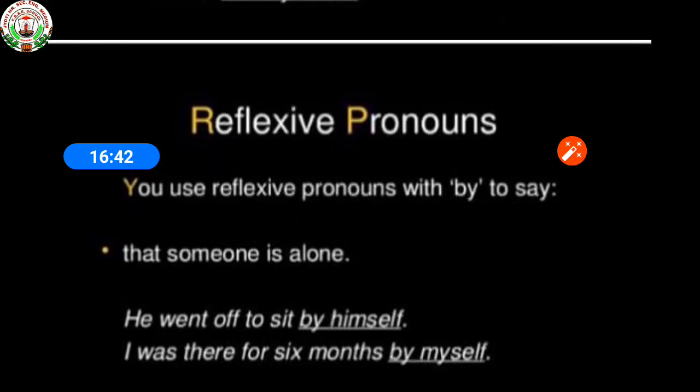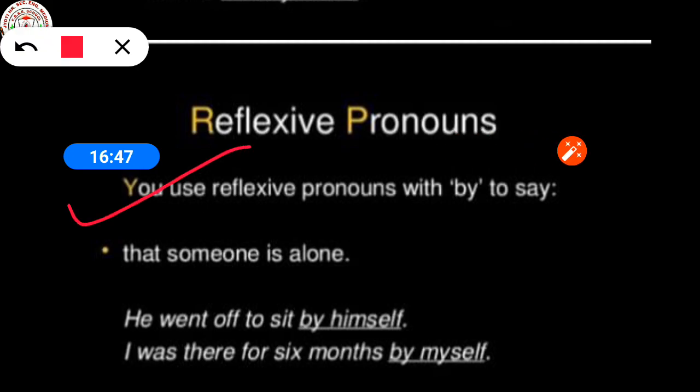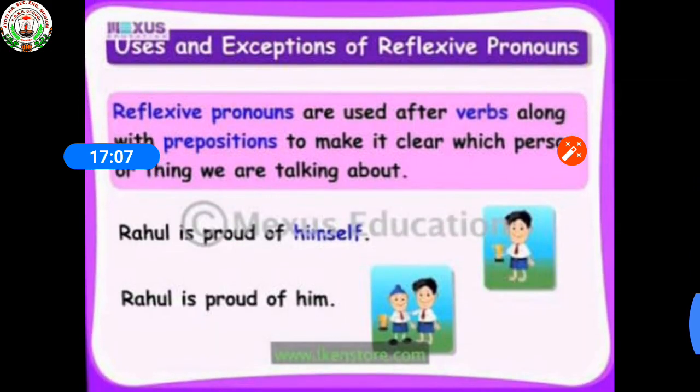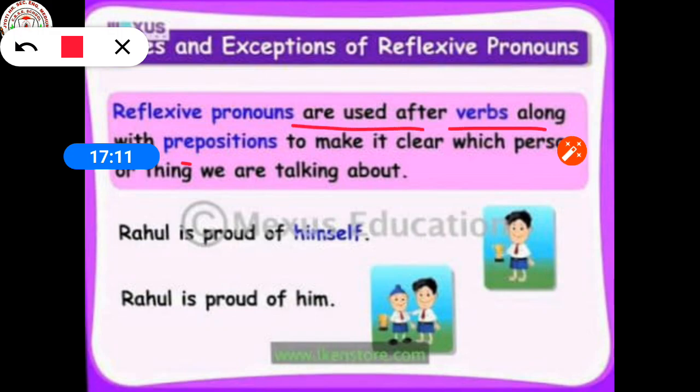We can use reflexive pronouns with "by" to say that someone is alone, like: he went off to sit by himself. I was there for six months by myself, etc. Reflexive pronouns are used after verbs with prepositions to make it clear which person or thing we are talking about.